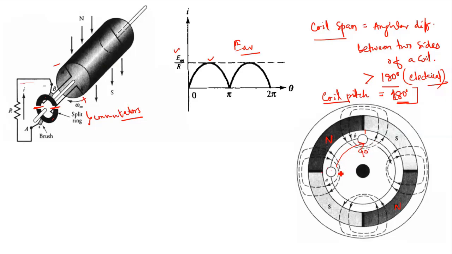But by that time, A and B will come to this position. Suppose B comes to this position. Then under this condition, your EMF will become maximum negative. That means it crossed 180 degrees by the time it moved 90 degrees, right?